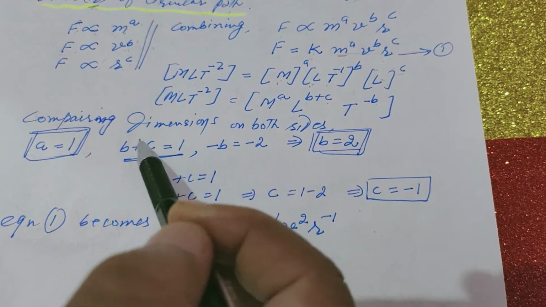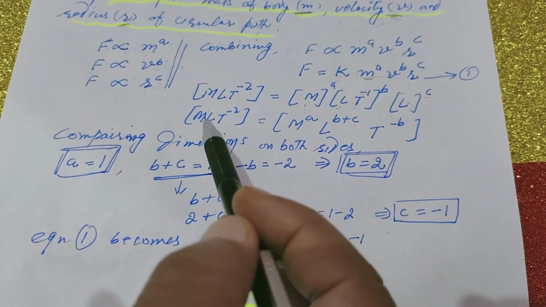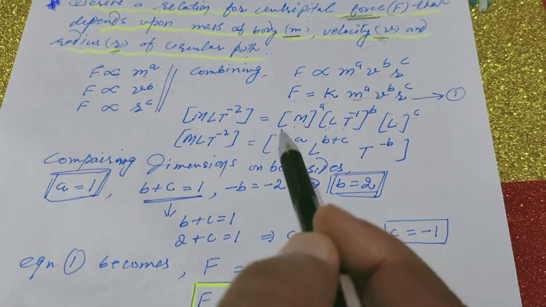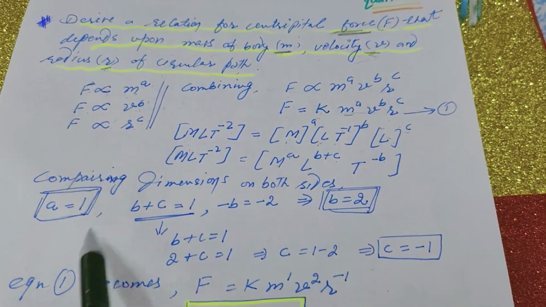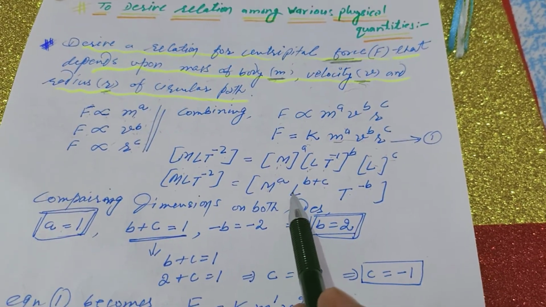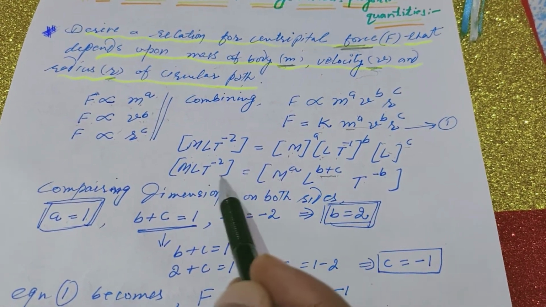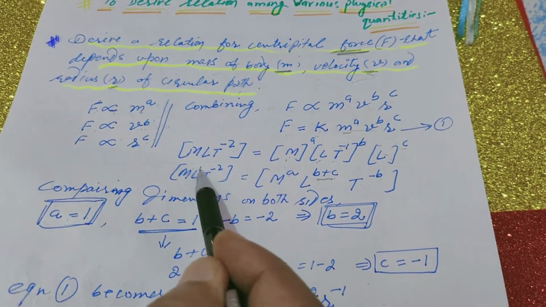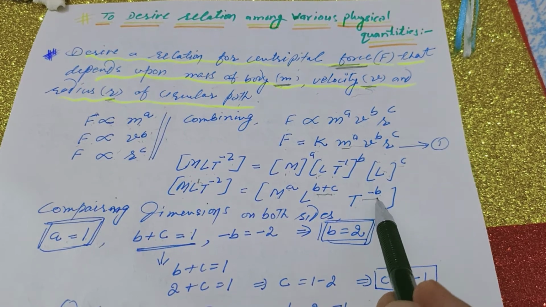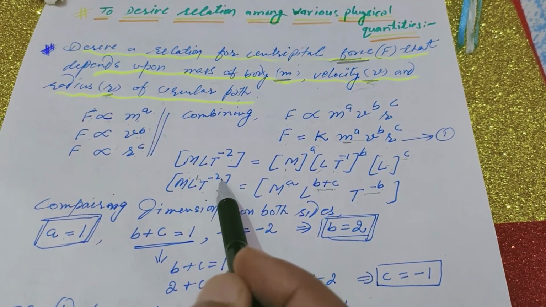So now comparing the dimensions for mass, on the left hand side the dimension is 1, here the dimension is a. So a is 1. So far as dimensions of length are concerned, here it is b plus c, here it is 1. So b plus c is 1. For time, the dimension is minus b, here the dimension is minus 2.